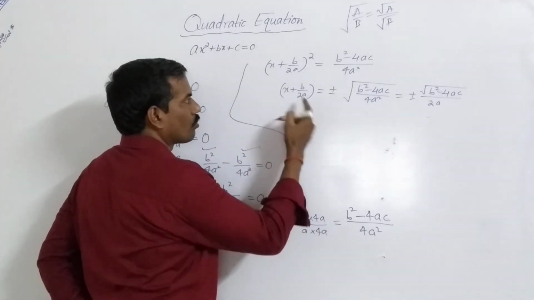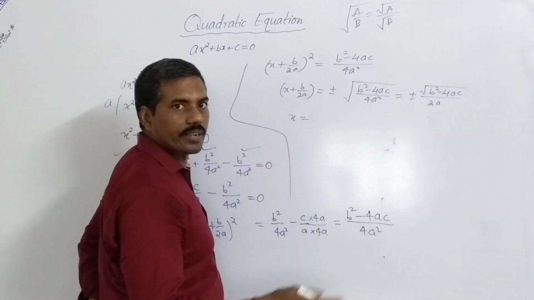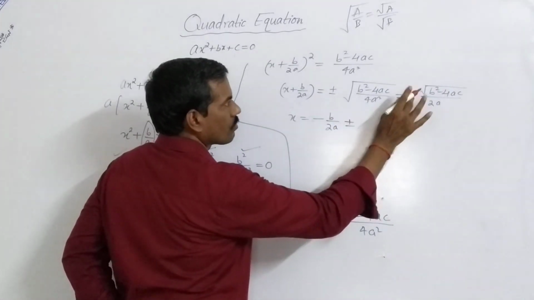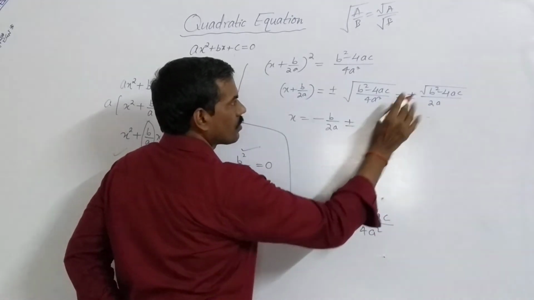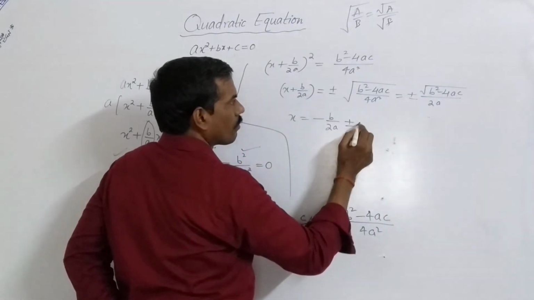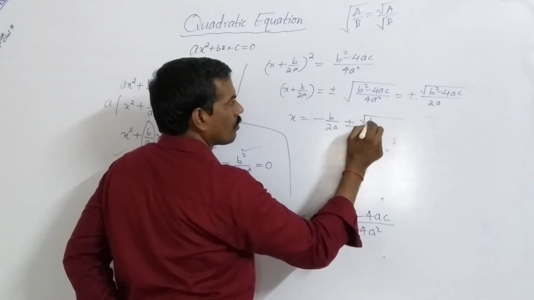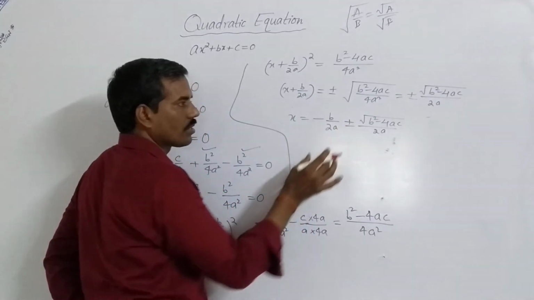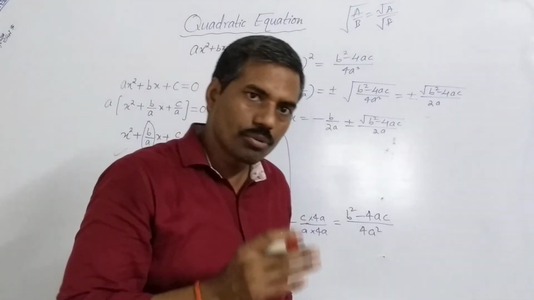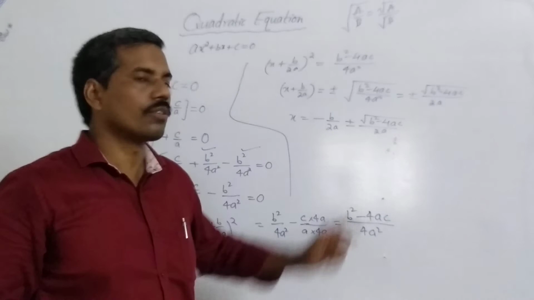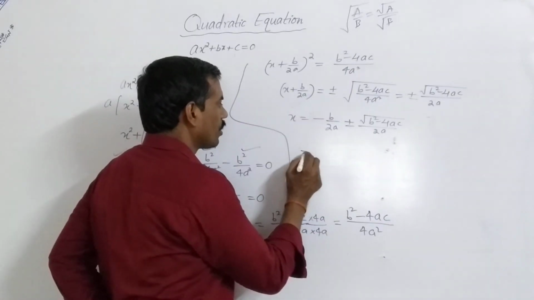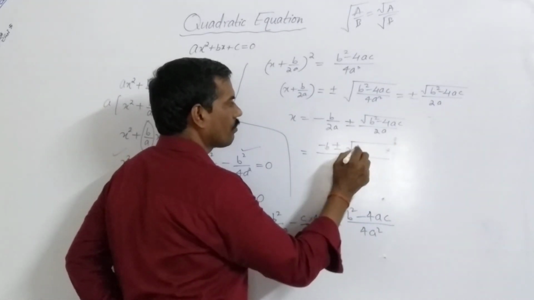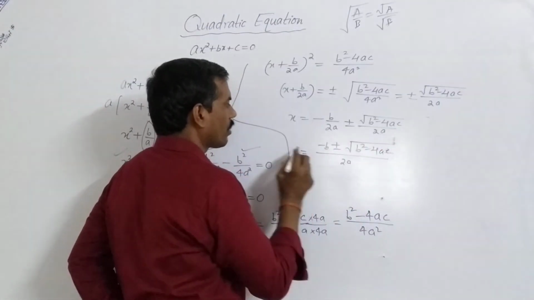So x is equal to, plus goes to the right hand side and becomes negative, b upon 2a plus minus under root of b square minus 4ac upon 2a. Since here there are two fractions with the same denominator 2a, we can combine them as minus b plus minus under root of b square minus 4ac upon 2a.